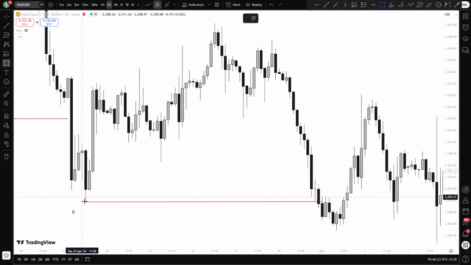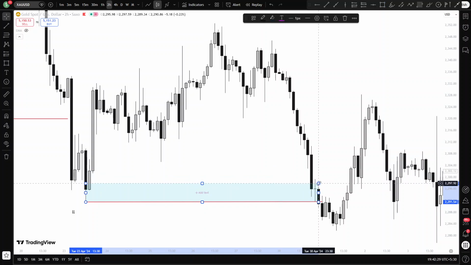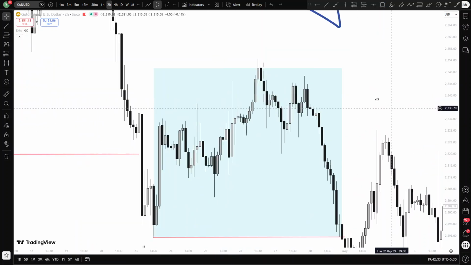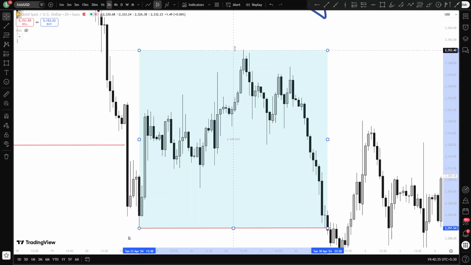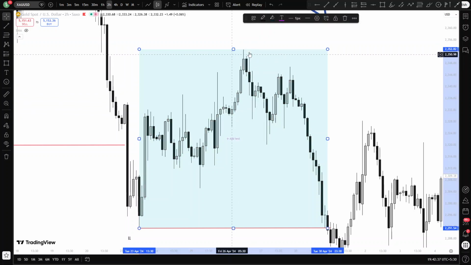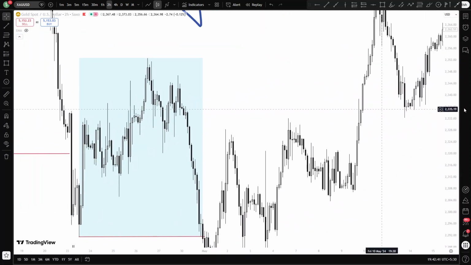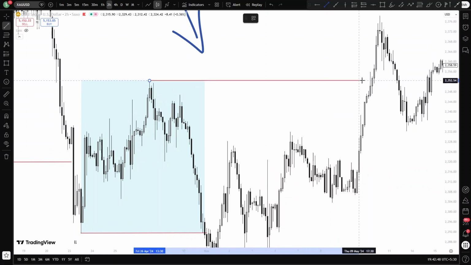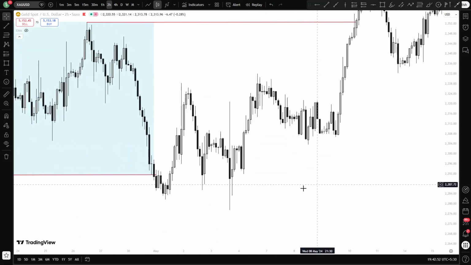You have to bring your rectangle to the lowest point, and bring it to the candlestick which gave you a breakout and pull it upward. This point, the highest point here, is your lower high.